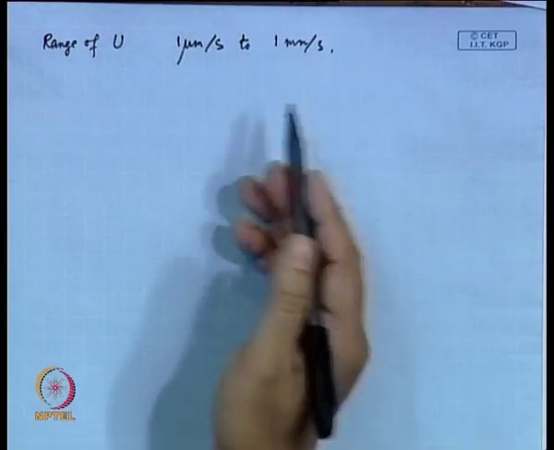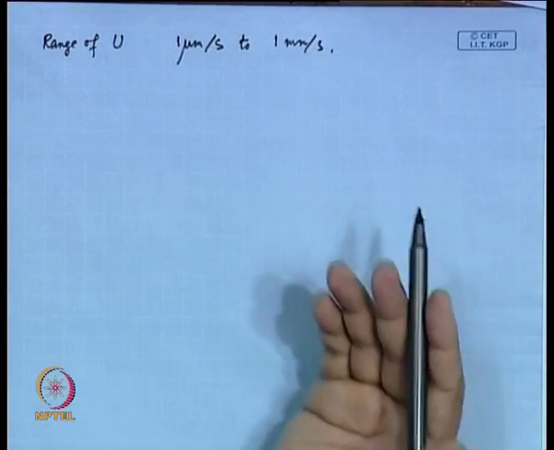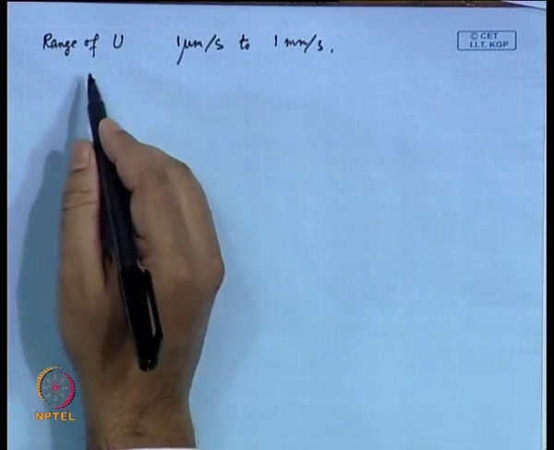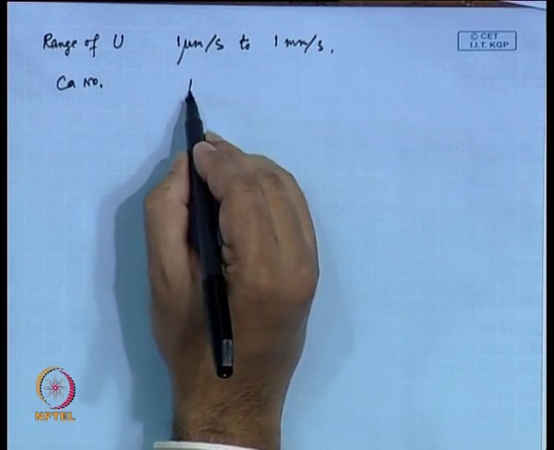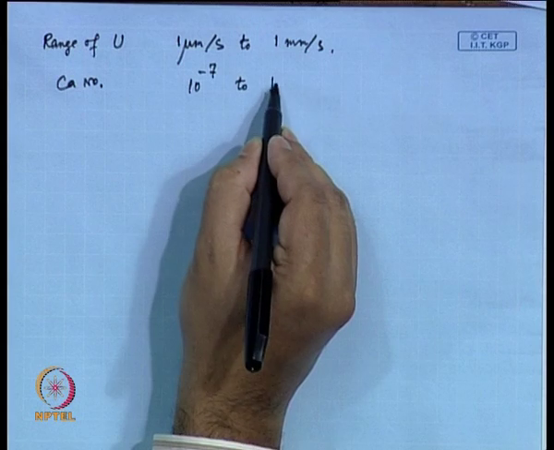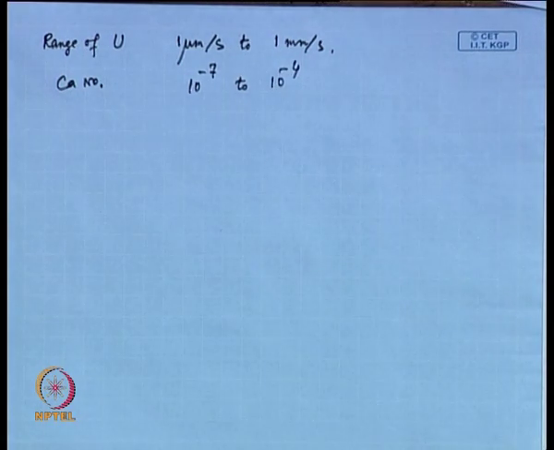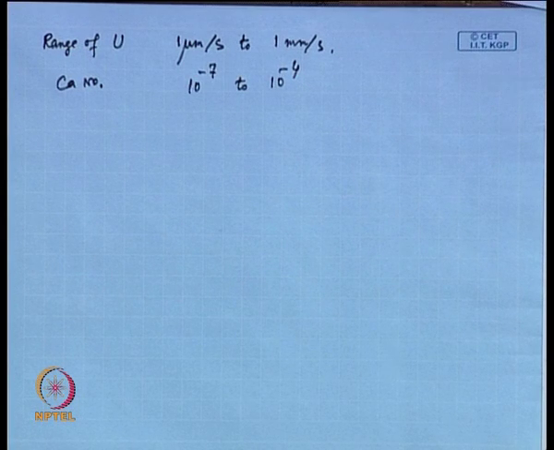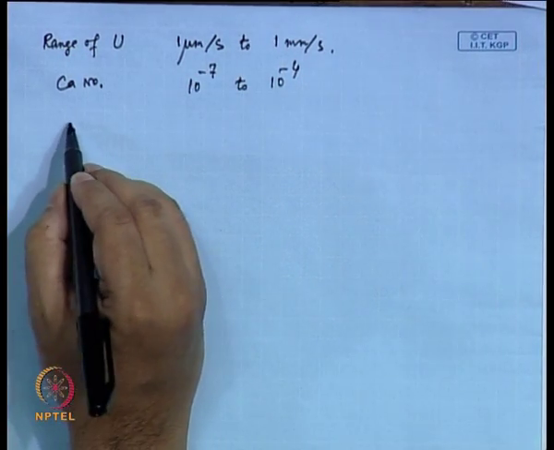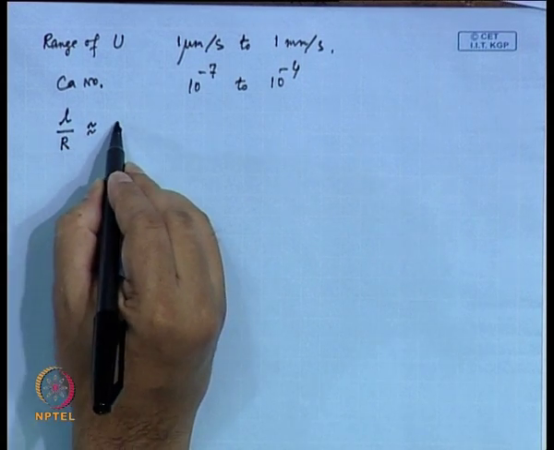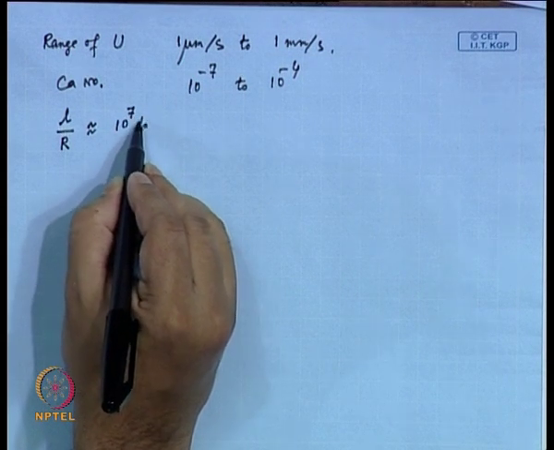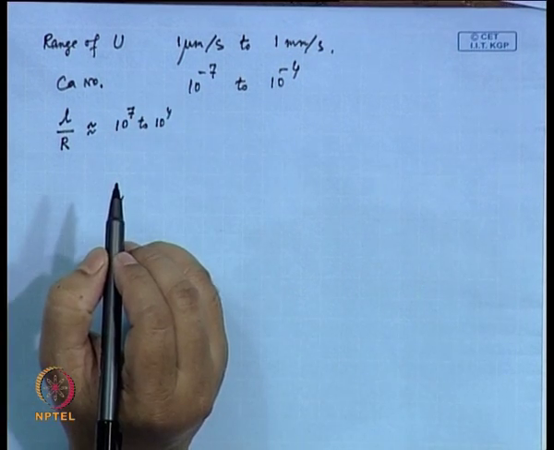If you take water and air and their corresponding interfacial tension, you will find that the capillary number would be equal to 10 to the power minus 7 to 10 to the power minus 4, corresponding to this range of u. Now, L divided by R is equal to 10 to the power 7 to 10 to the power 4. That is what we are saying.